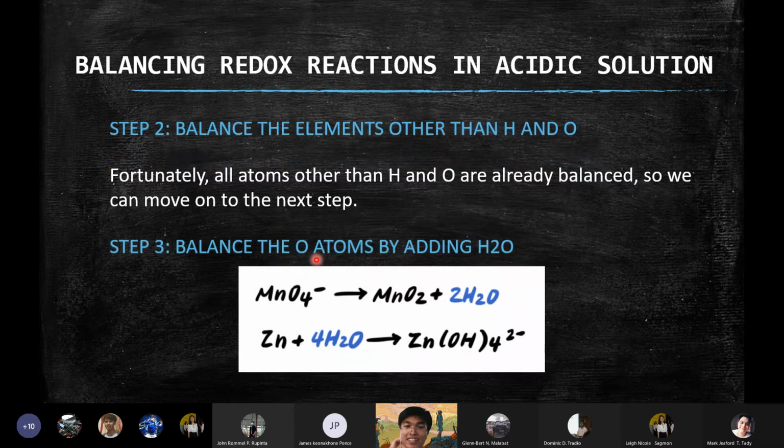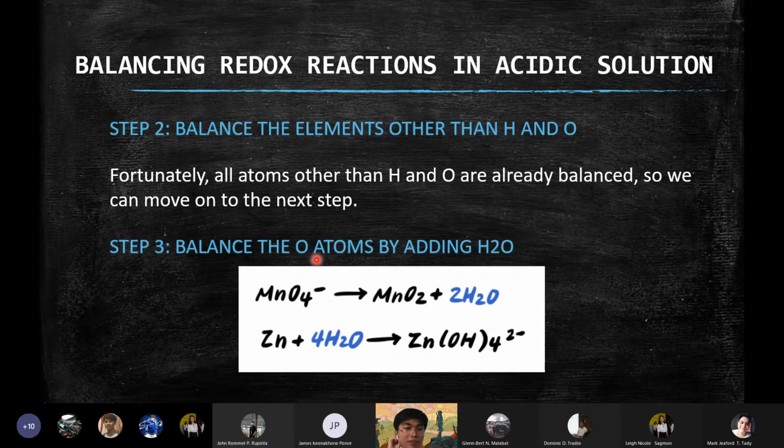Fortunately, all atoms other than H and O are already balanced, so we can move on to the next step. But there are instances that the elements other than H and O are not balanced, so we need to implement the steps that I gave earlier to balance the non H and O elements.